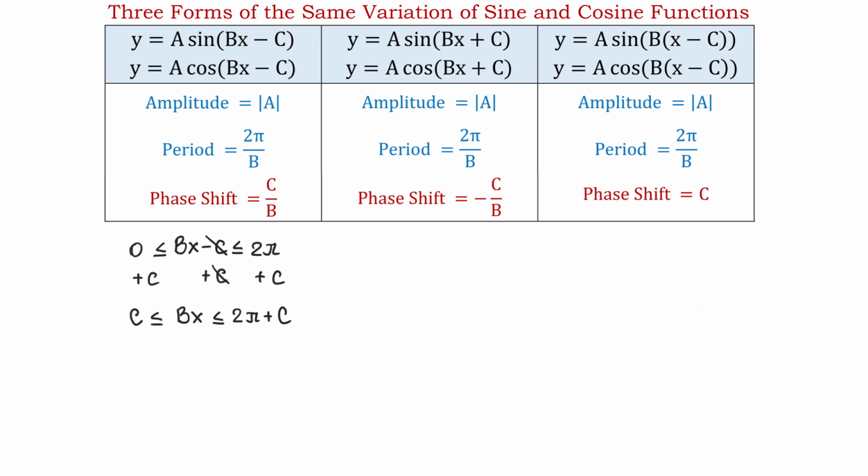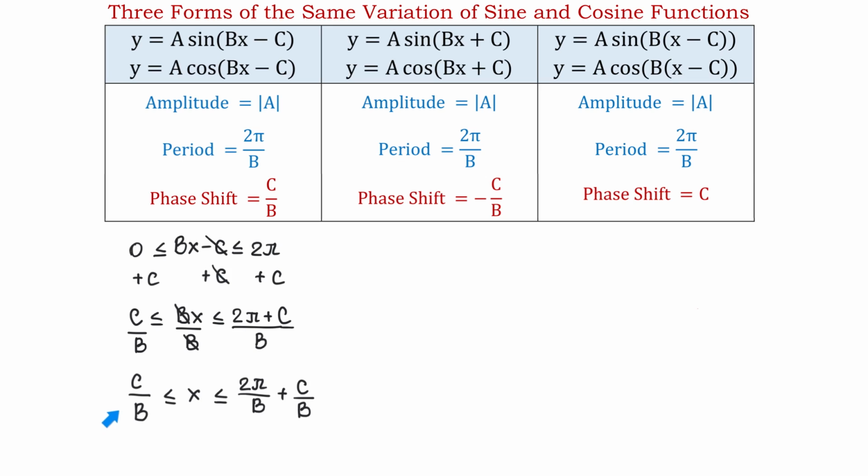And now to get x alone, we will divide all three parts by b. Then to the left, we will have c over b. In the middle, b and b will cancel, and we will have x. And to the right, we have 2 pi over b plus c over b.